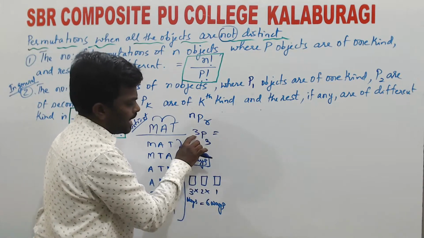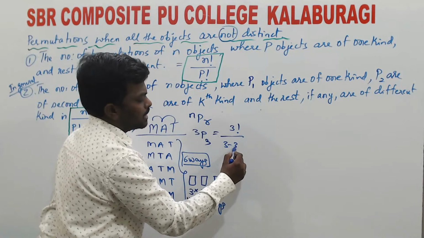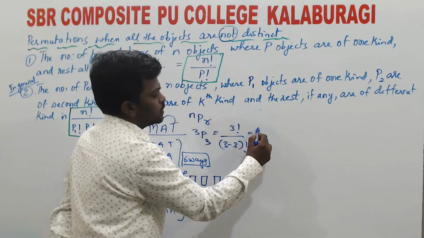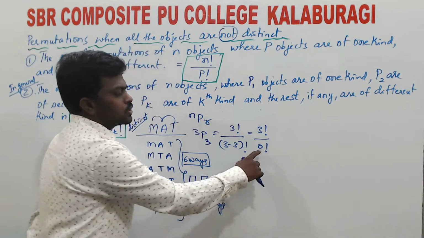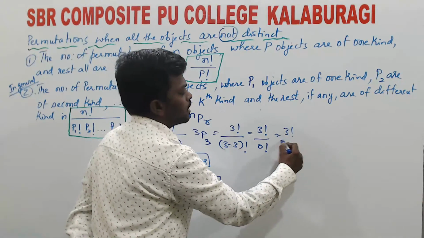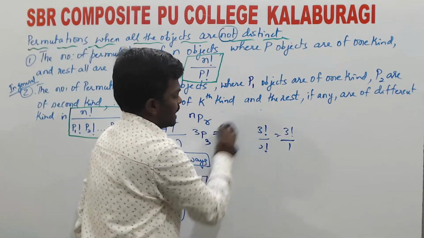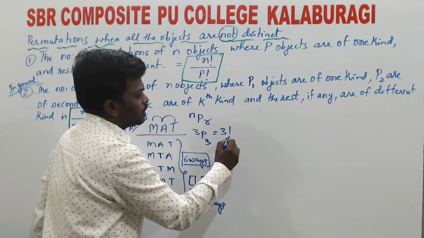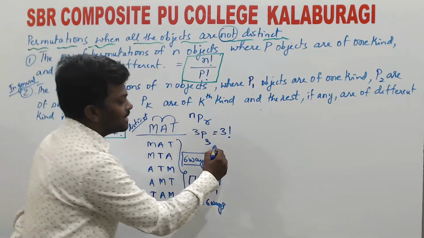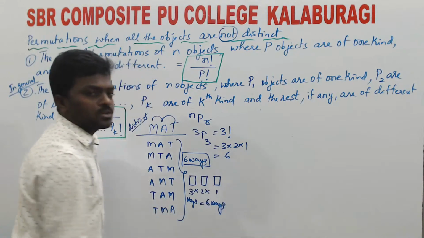The formula nPr is n factorial by n minus r factorial, so this is 3 factorial by 0 factorial. 0 factorial is nothing but 1, so 3P3 is nothing but 3 factorial. And 3 factorial is 3 into 2 into 1, which is also 6.